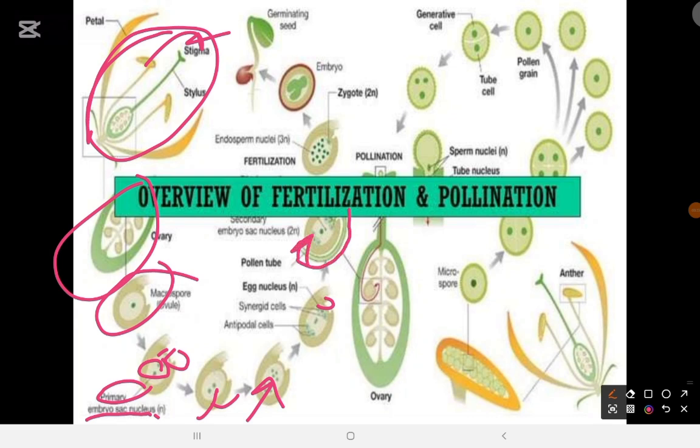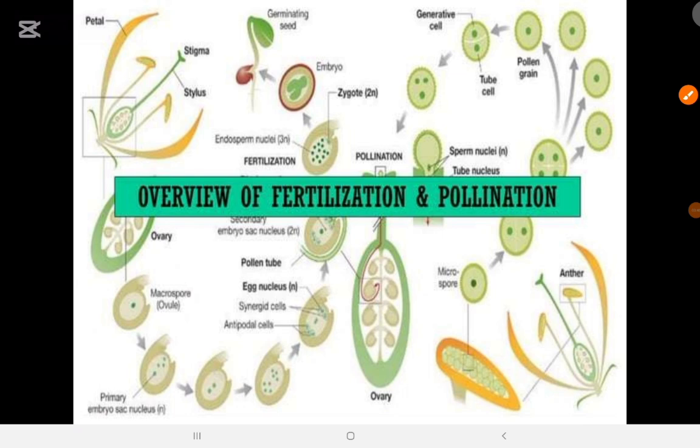And of course, fertilization will now occur by the pollen tube first protruding into this place. Once the pollen tube enters this portion, which is called the micropyle, the tube nucleus disappears, and the two cells that the generative cell divided into are going to fertilize.